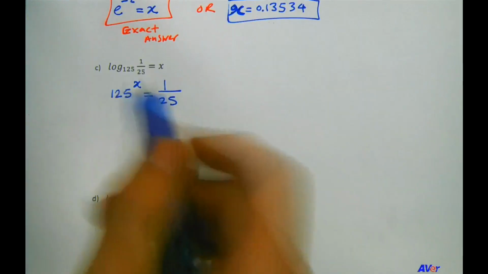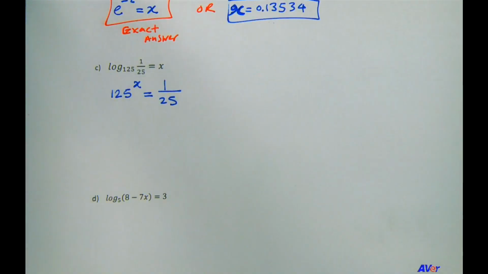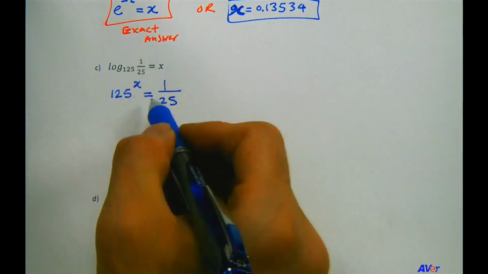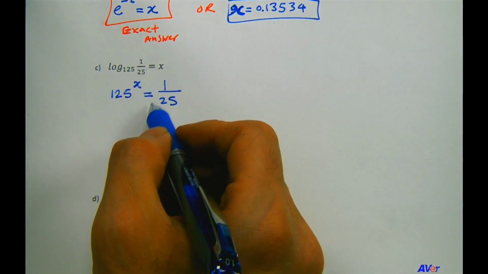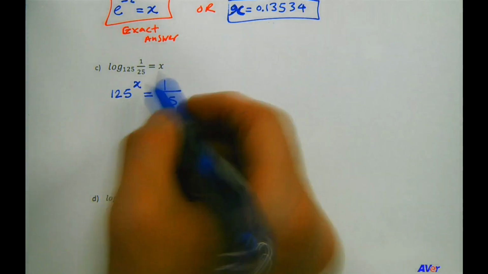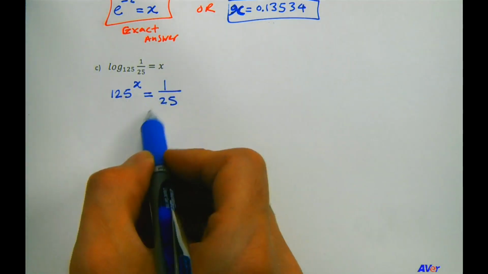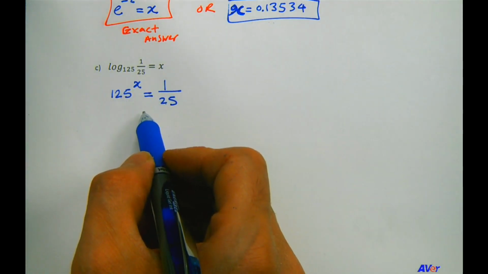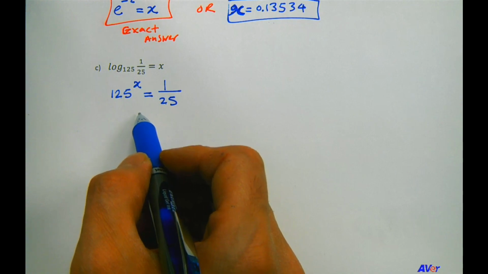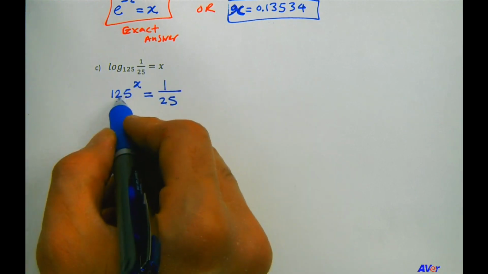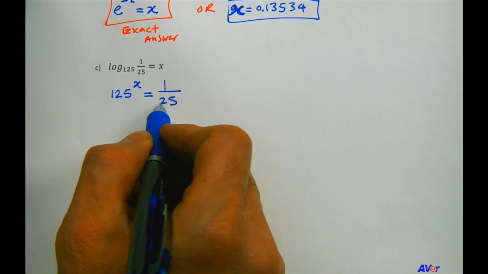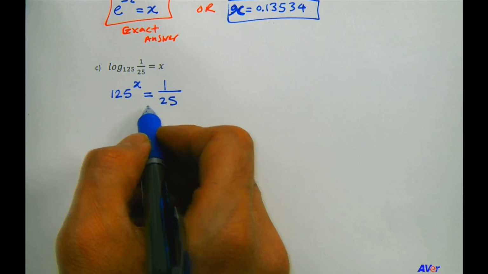So on this side, because we went from log form to exponential equation form, the next obvious question would be, is there a way we can rewrite the left and right to the same base? Can we do that? Let's see. So 125 and 25 obviously have 5 as a common factor.